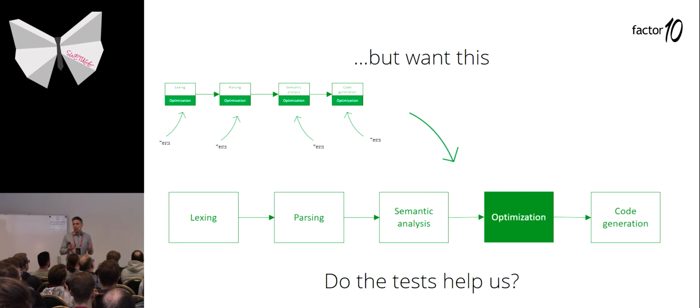Maybe with hard labor, we can take the tests and tweak them a bit so that they apply to the optimization phase instead, provided that they weren't written so they tested lexing and optimization together, because then it's hard to pull them apart. So this is something we need to think about when we write tests. If we do big refactorings, structural refactorings, will the tests help us?